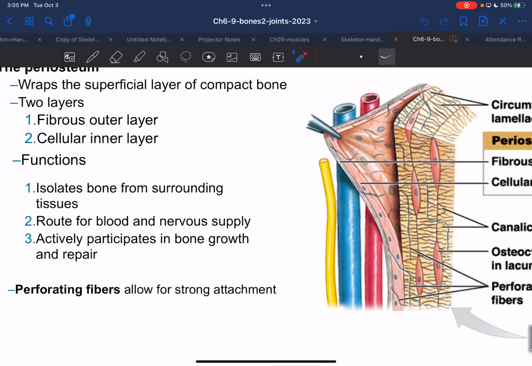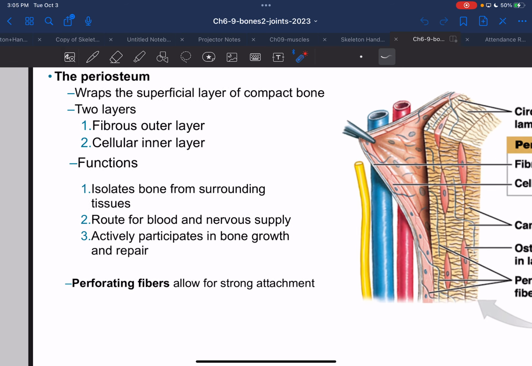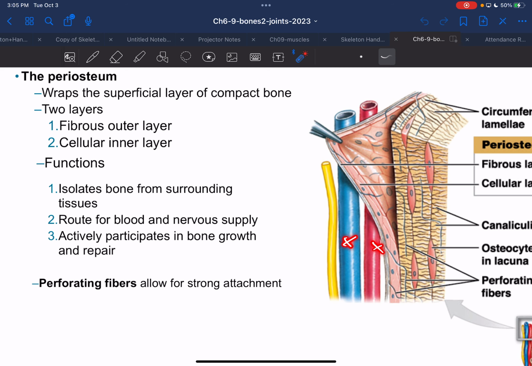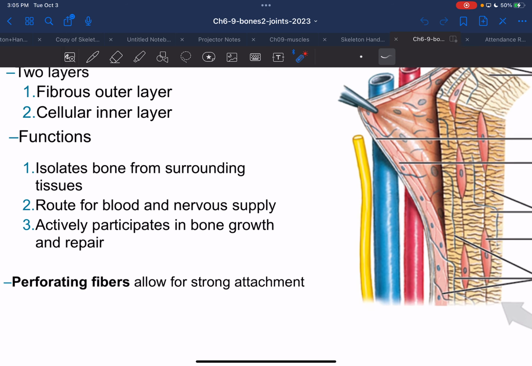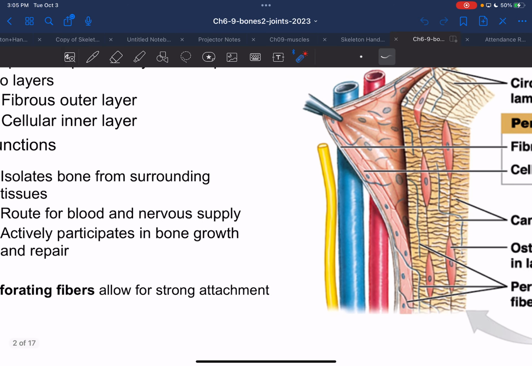Simply, as an outer boundary, that's how we can understand its first function. Like any outer boundary, it is the first thing in contact with the external environment. The periosteum isolates bone from the rest of the tissues. You can see blood vessels outside of that periosteum, and this also allows for the innervation of blood vessels.